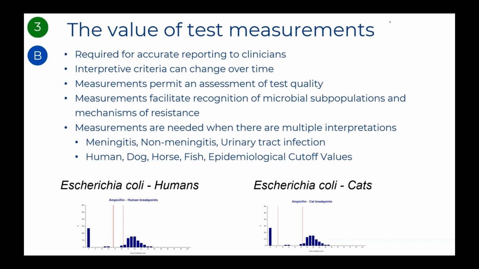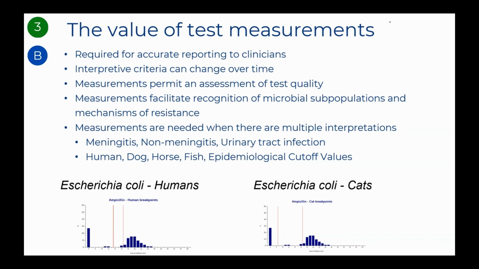You can see an example of this in the lower left, where you see Escherichia coli susceptible to ampicillin to the right of the red vertical lines. And you see 2 different kinds of resistant bacteria to the left. The highly resistant bacteria appear at 6 millimeters, while the moderately resistant bacteria appear at 11 and 12 millimeters, suggestive of a different mechanism of resistance.